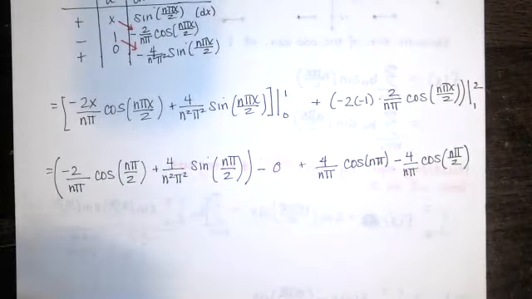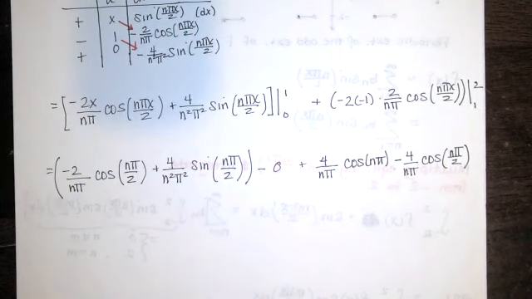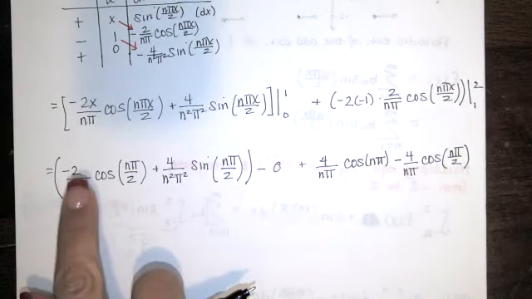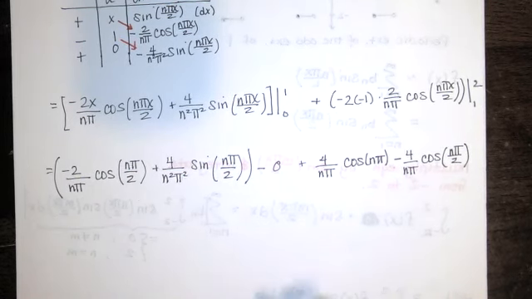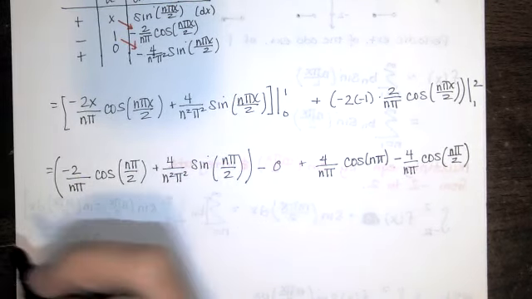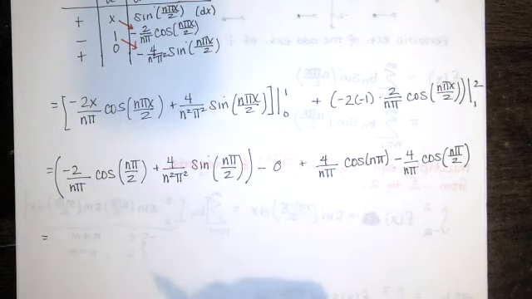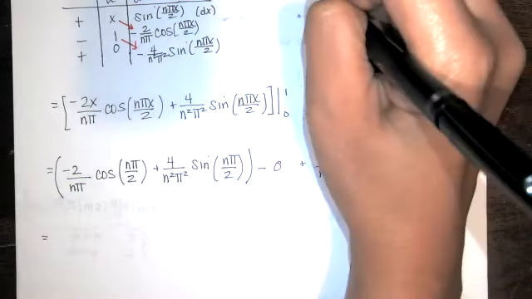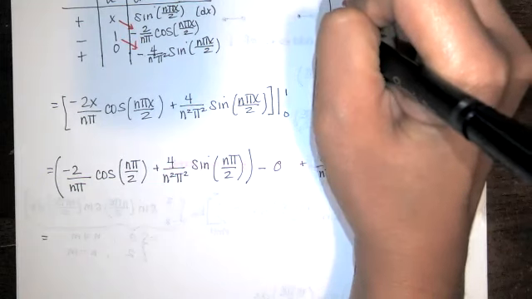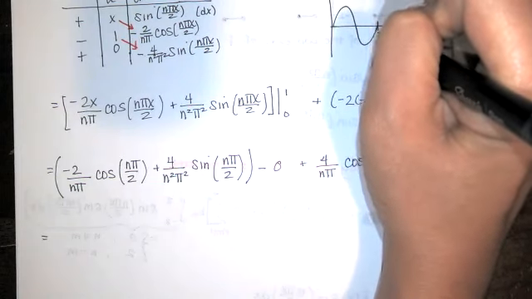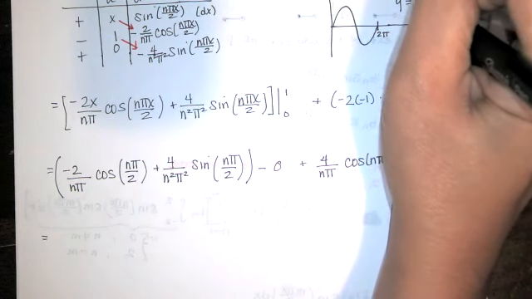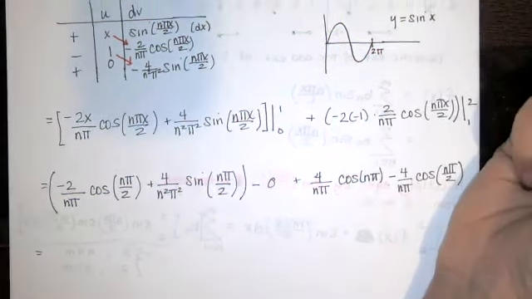Okay, so now we just need to think about what cosine of n pi over 2 would be, and what sine of n pi over 2 might be, and what sine of n pi or cosine of n pi might be. Now, this is my regular sine wave, just y equals sine of x.